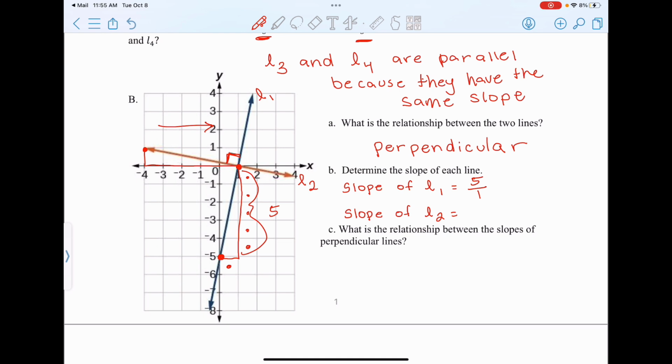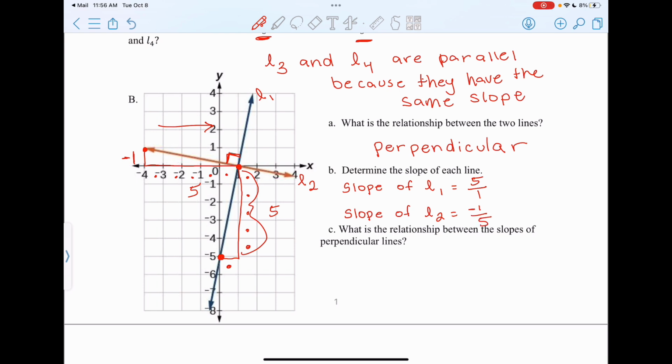This means that when I count the rise, which is just 1 unit, this is going to be a -1 because the line is going down, it has a negative slope. So the rise is -1 and the run is 1, 2, 3, 4, 5 units. So rise over run, the slope of L2 is -1 over 5.